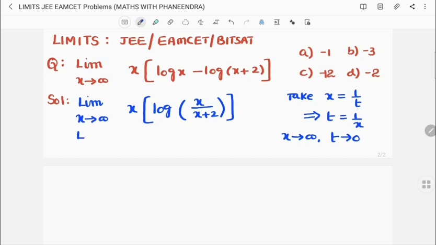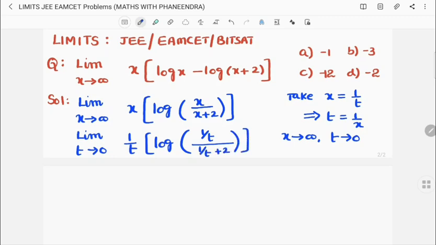So limit t tends to 0, 1 by t into log of, in place of x, 1 by t, divided by 1 by t plus 2. Now simplification.